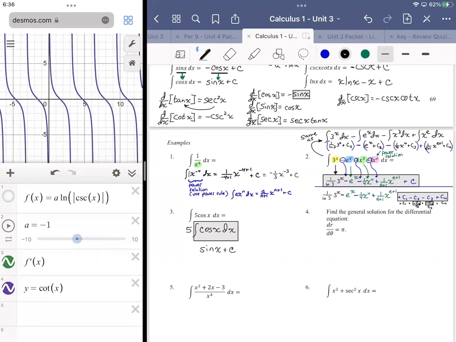We're just going the other way. So I'm thinking, what would I have to differentiate in order to end up with a cosine? And that would be a sine, right? And it also happens to be right here.